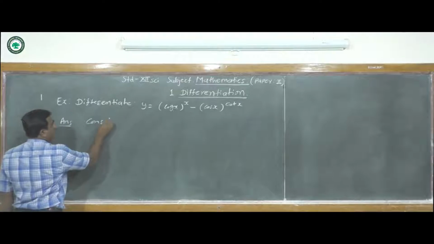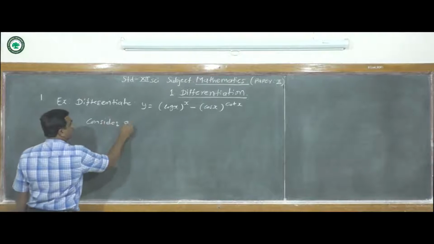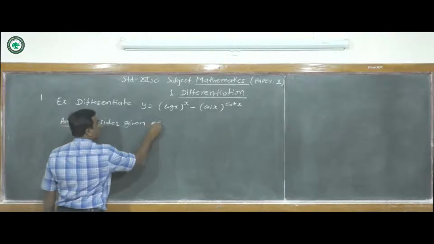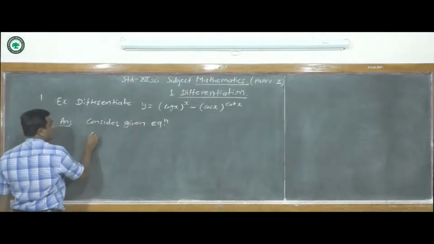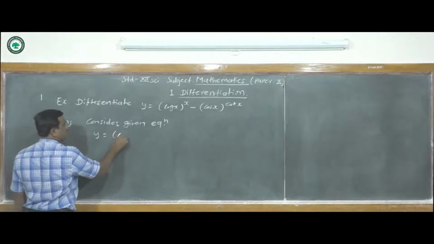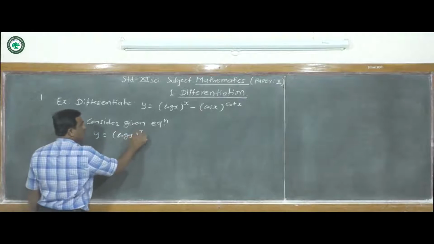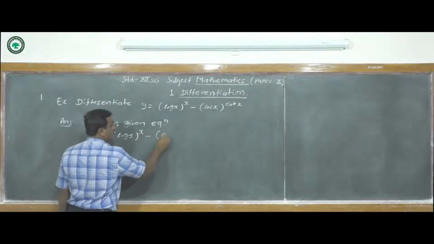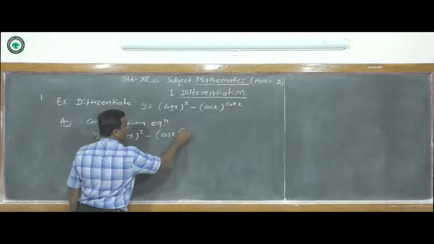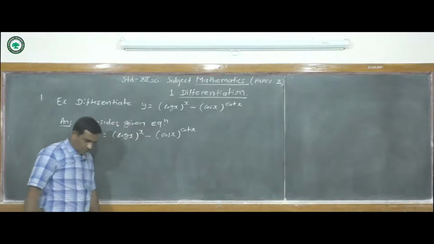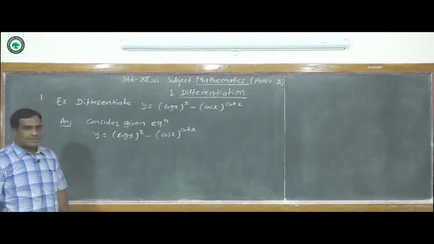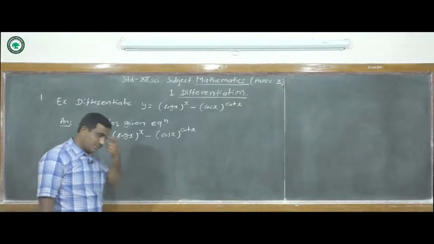Consider the given equation, that is y is equal to (log x) raised to x minus (cos x) raised to cot x. Now here the function is the subtraction of two functions.